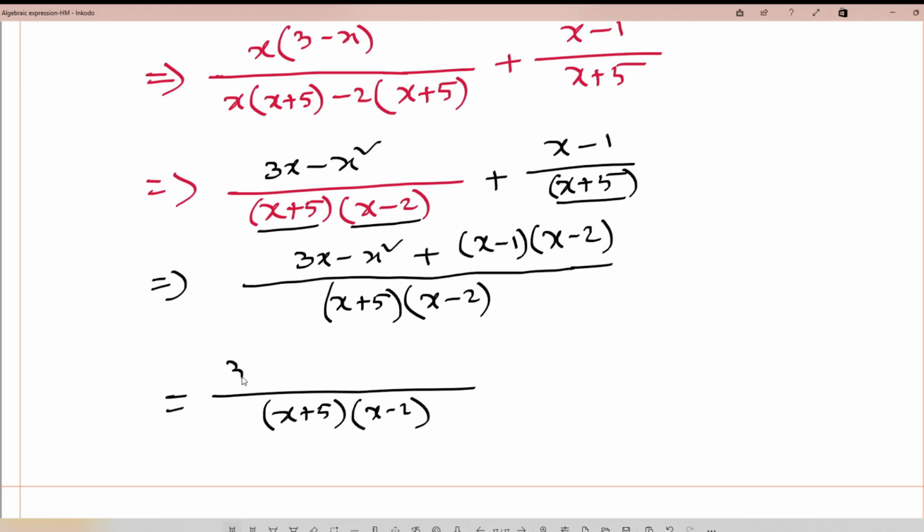So here is 3x minus x square plus, look, here is x into x, it means x square, minus 2x, and again minus x, minus and minus, plus 2.